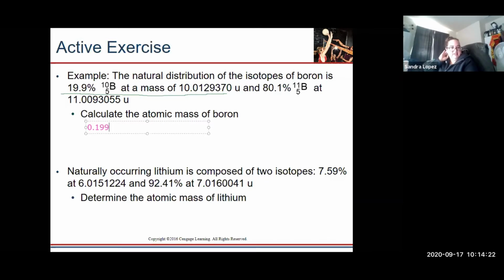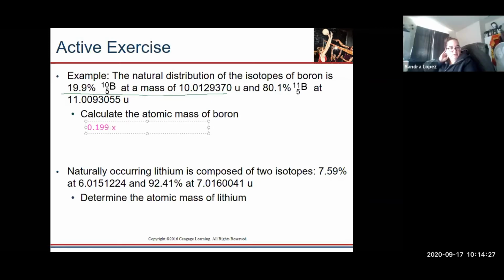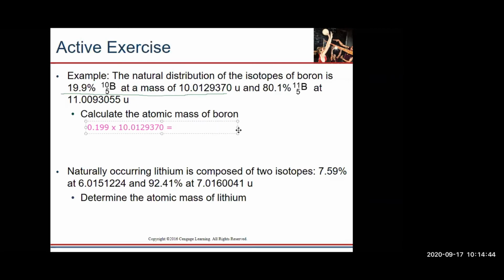0.199 times 10.0129730. Okay. How many sig figs would that be? 3.